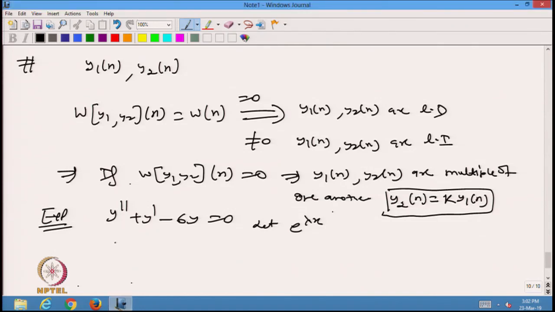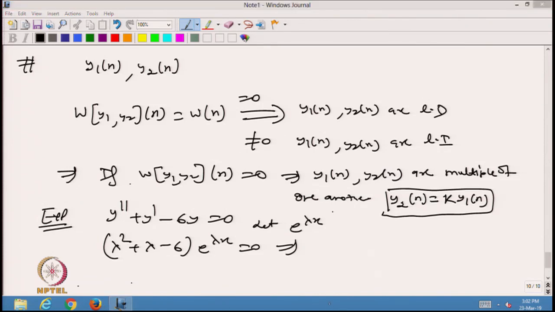So, I can write its auxiliary equation very easily: lambda square plus lambda minus 6, times e to the lambda x, equal to 0. Because e to the lambda x is never equal to 0, my auxiliary equation will be lambda square plus lambda minus 6 equal to 0.